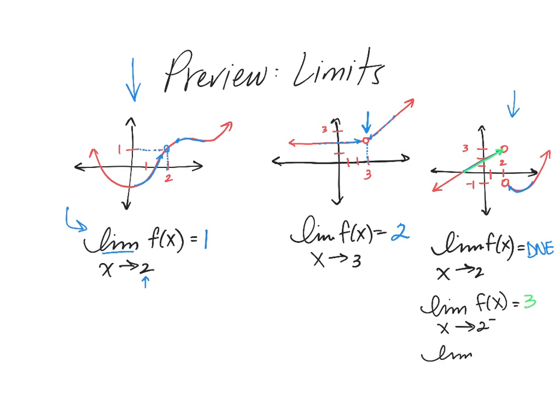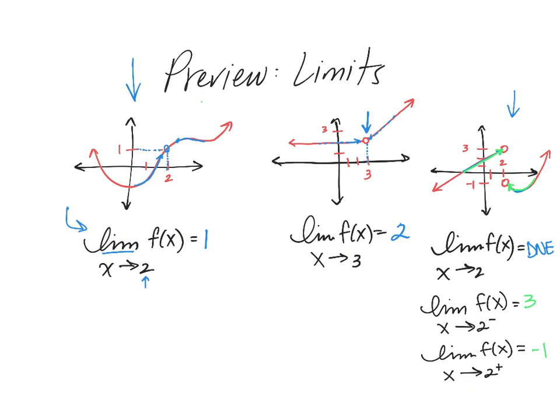From the right-hand side has a slightly different notation. We put a plus up there, so from the positive direction or from the right. And in this case, the limit as x approaches 2 from the right, we would predict the y value to be -1.